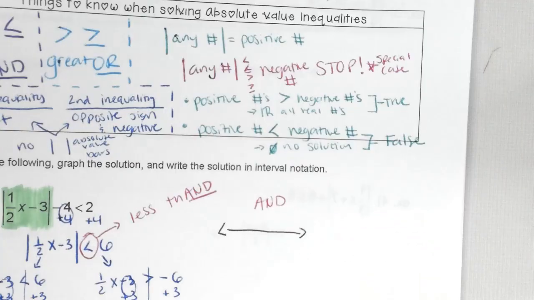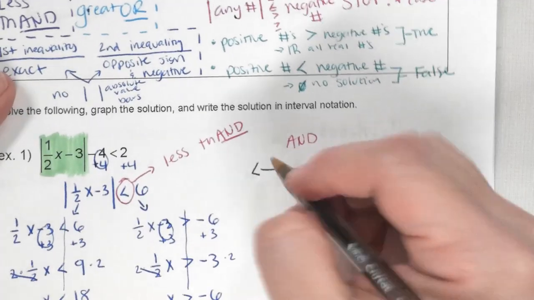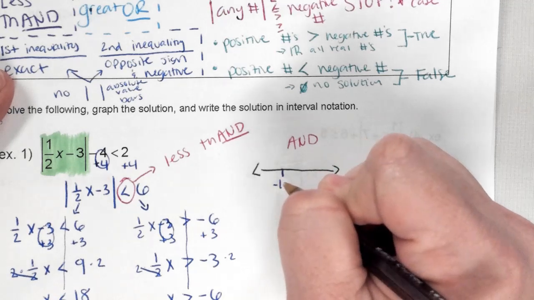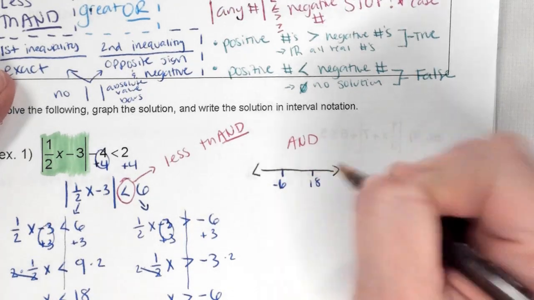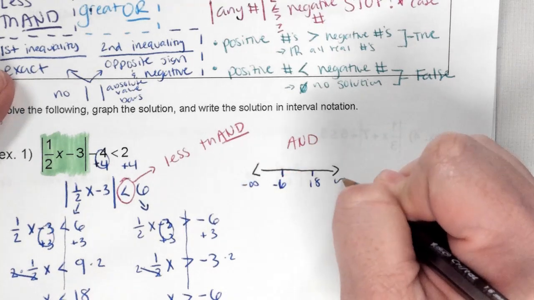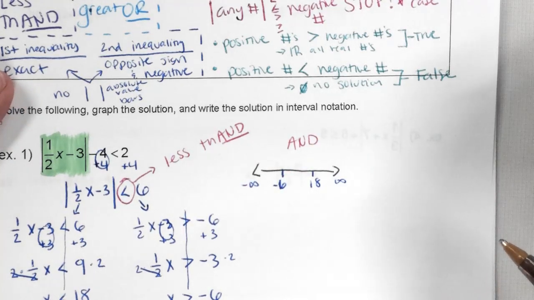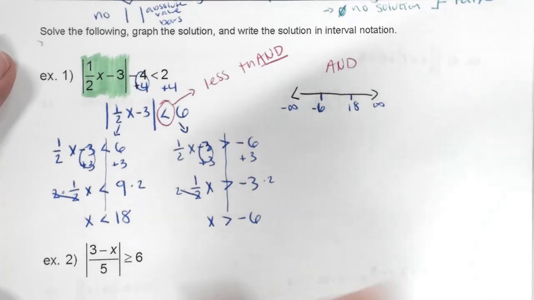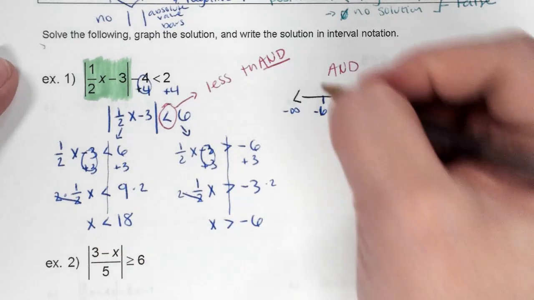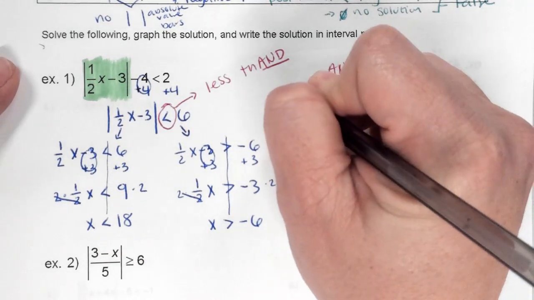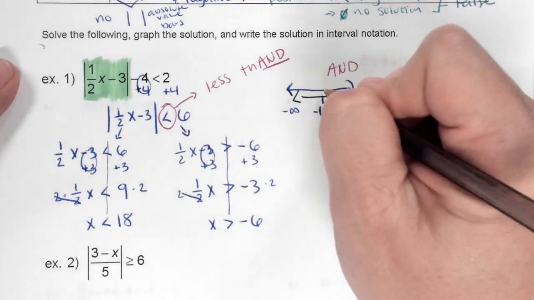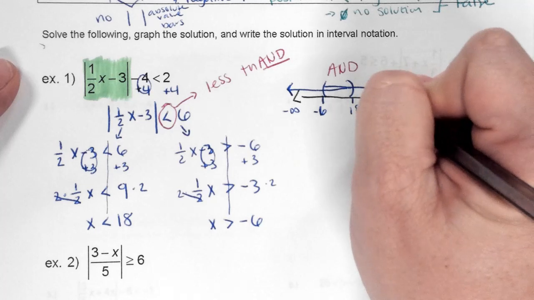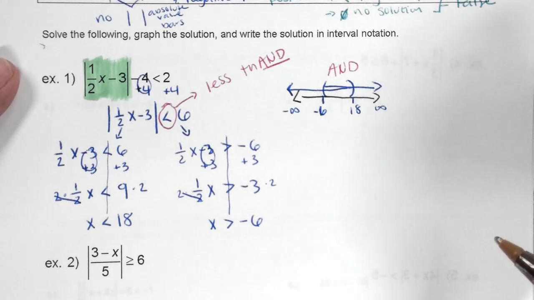Okay, so knowing that, if it's an "and" problem, it's only where it overlaps. I have -6, and then I have 18. I know that this is my negative infinity and positive infinity. Okay, x is less than 18, and x is greater than -6. Greater goes to the right. They both get parentheses because neither of them are equal.